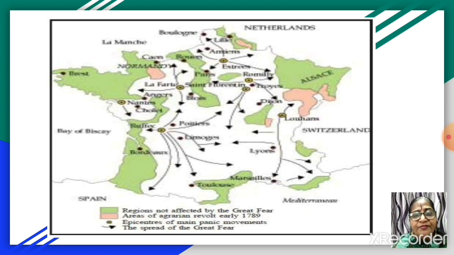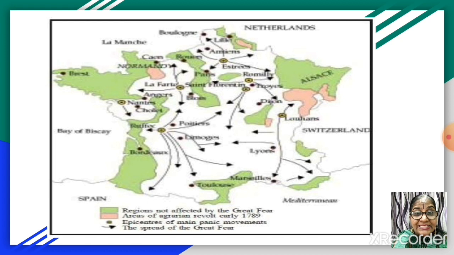We all have studied the French Revolution, right? I taught you this lesson. We all are familiar with this map, right? The map you see on your monitor. What does this map tell us? It tells us about the Great Fear in France. In the French Revolution, we saw that the peasants became violent and started attacking the manors and chateaus of landlords.